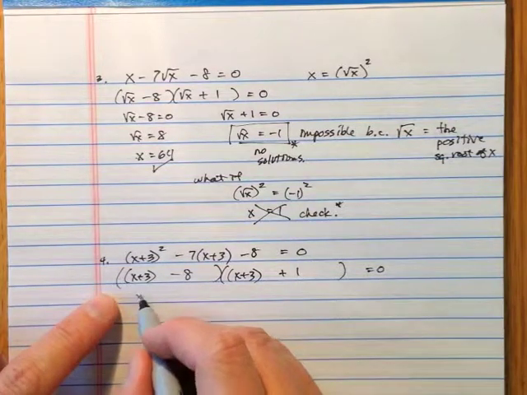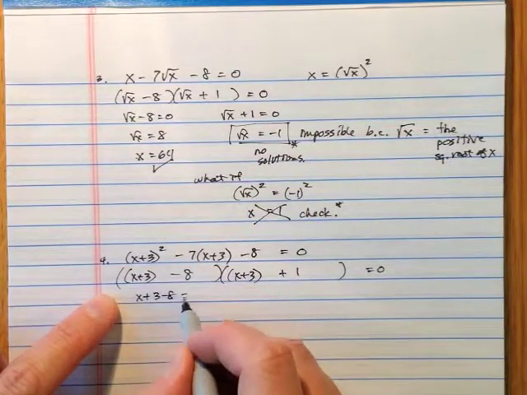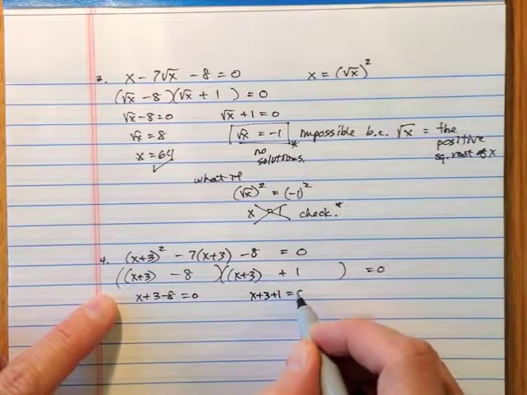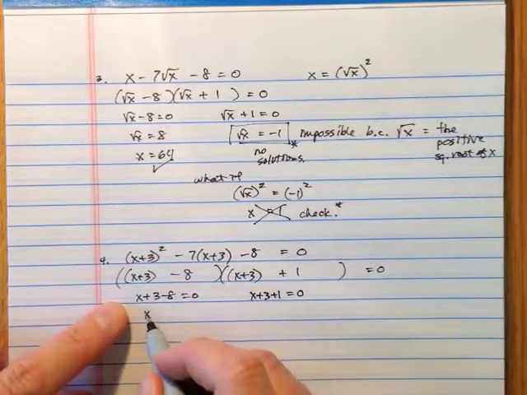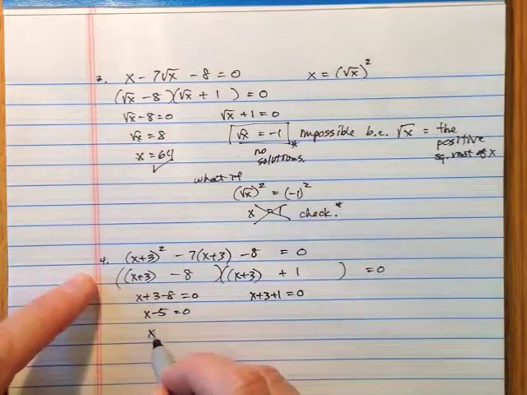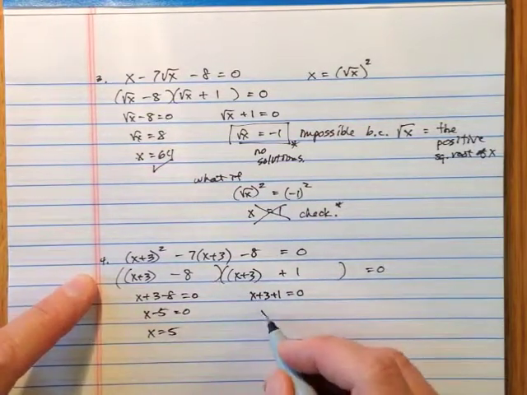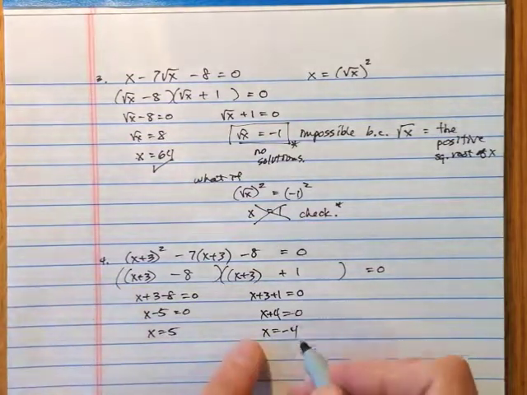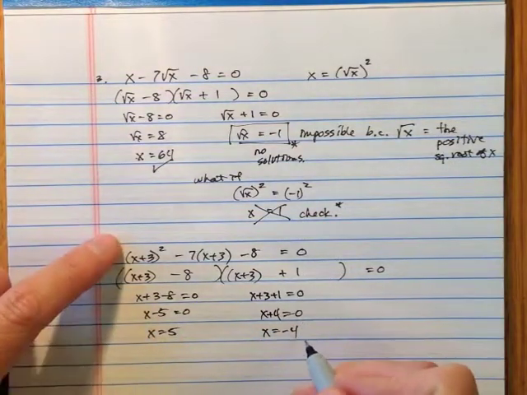So I'll set each factor equal to 0. And in this, I guess, this is x minus 5 equals 0. x equals 5 is a solution. This is x plus 4 equals 0, so x equals negative 4 is the solution to that. So it's a solution of that quadratic as well.